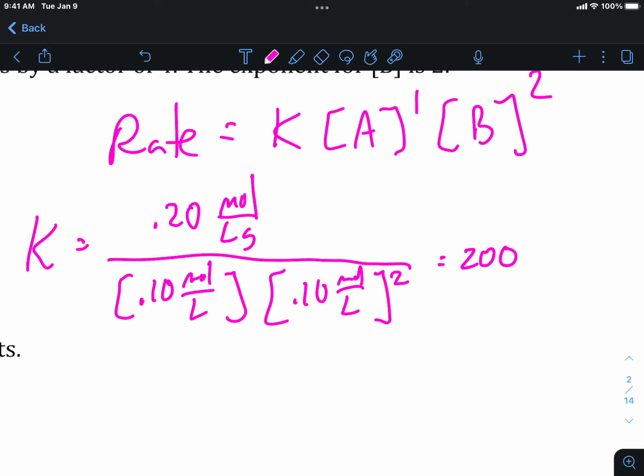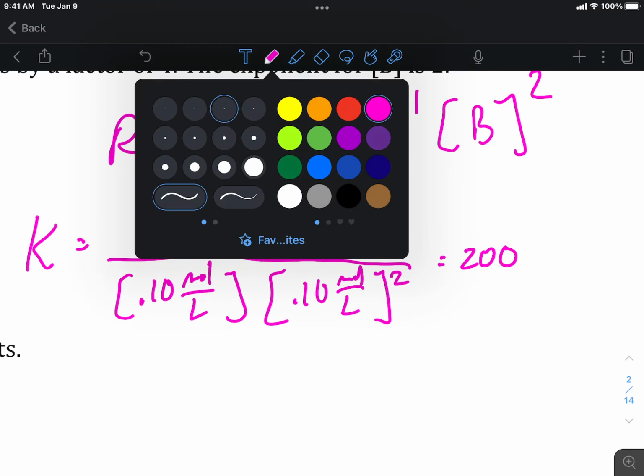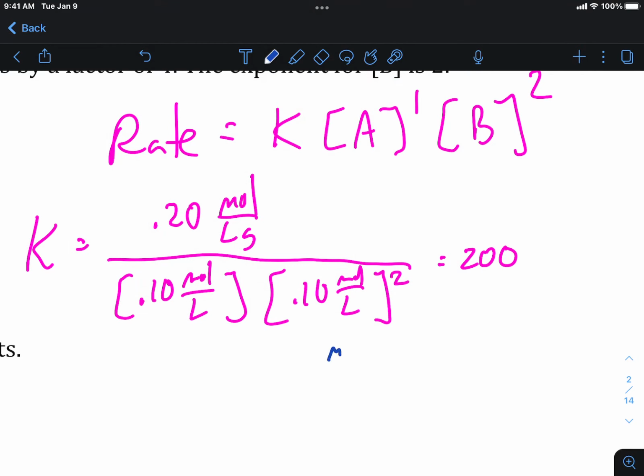So if we look carefully, mole per liter second over mole per liter and mole per liter and mole per liter, because you see the second unit was squared, so we have to account for it being squared.